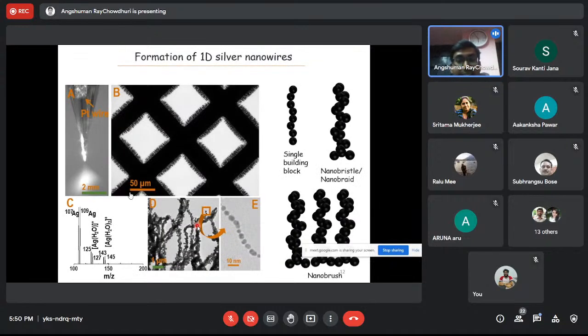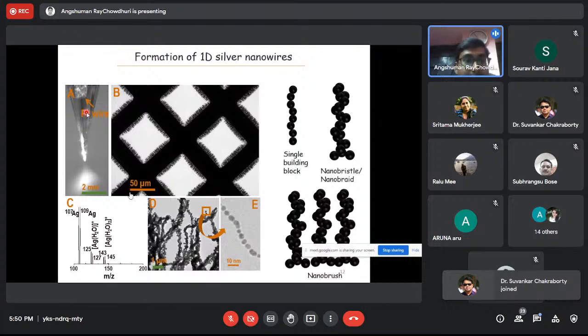So what is there? When they sprayed, as I told you before, the platinum wire electrode is there, and they took silver acetate in water and started spraying on a TEM grid, because you know a TEM grid is a metal substrate. On that the spray will be very nice.